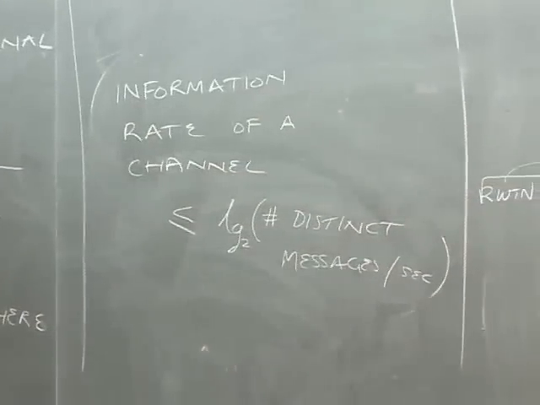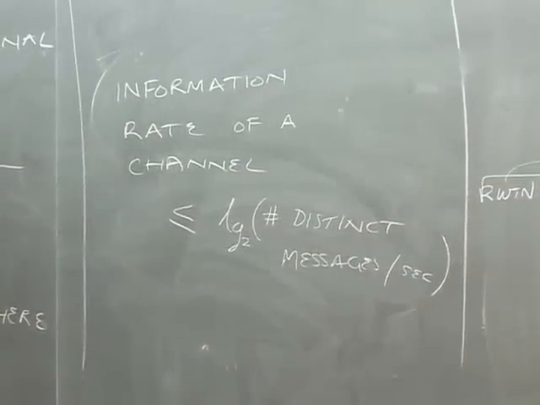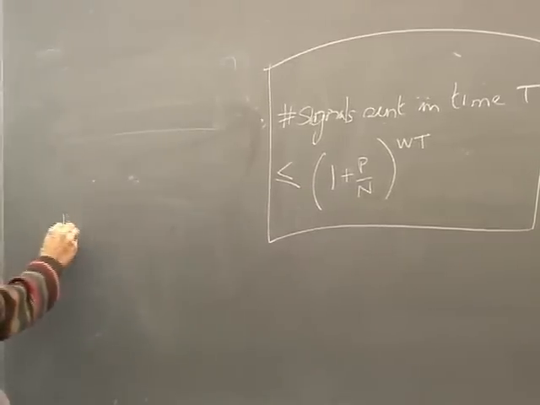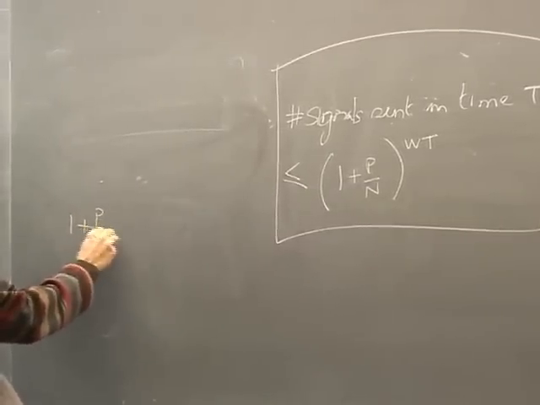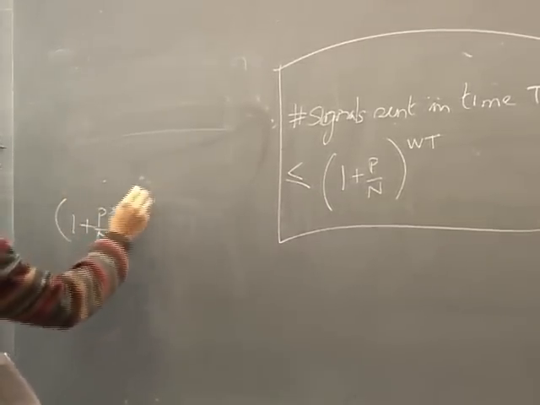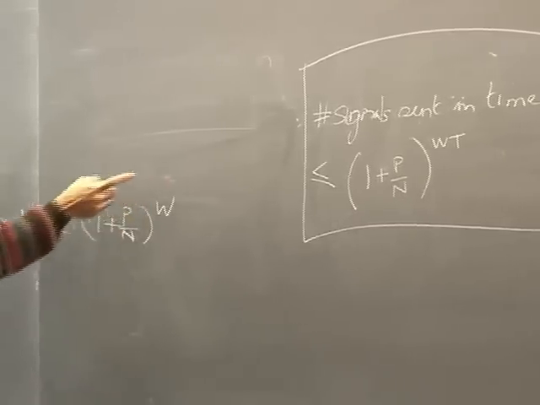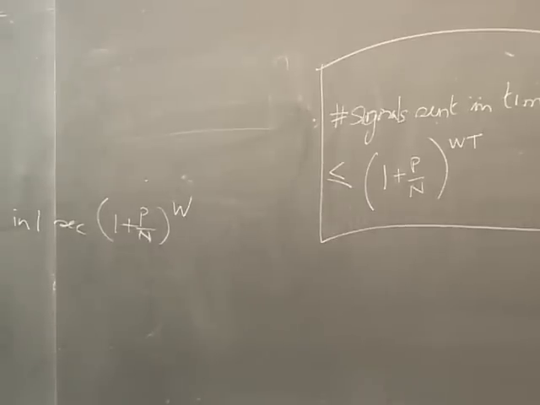If I view these as being messages, how many can I send? Well, (1 + P/N) in time WT. So in 1 second, I can send (1 + P/N) to the power W, because I had T in T seconds.